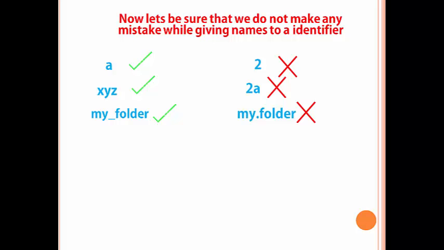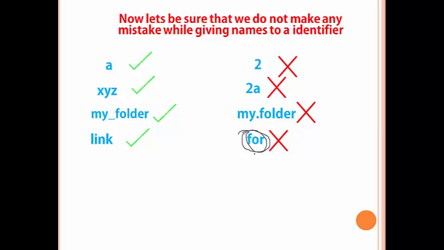Other than underscore, no other special character is allowed here. If you write link, it's correct. If you write for, it's incorrect. Why? Because for is a reserved word. You might have seen this in the list of reserved words, so it can't be an identifier.